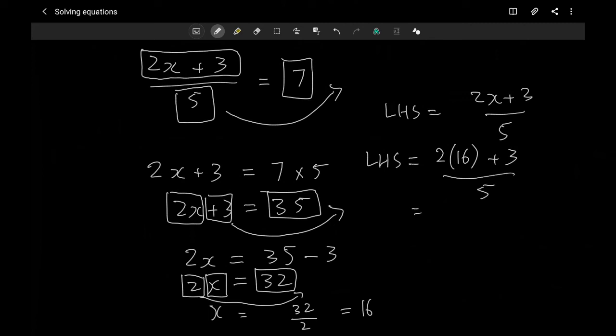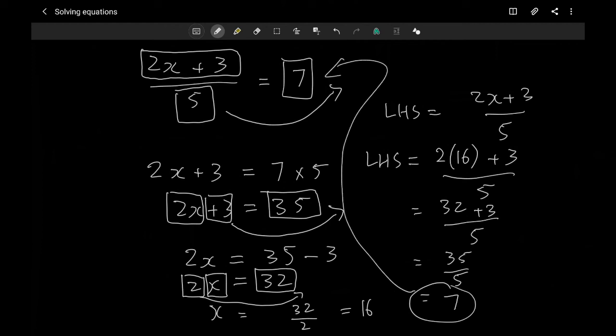So 2 times 16 we know is 32 plus 3 over 5. 32 plus 3 is 35, and 35 divided by 5 is 7. So our left-hand side equals our right-hand side, which means our solution is correct.